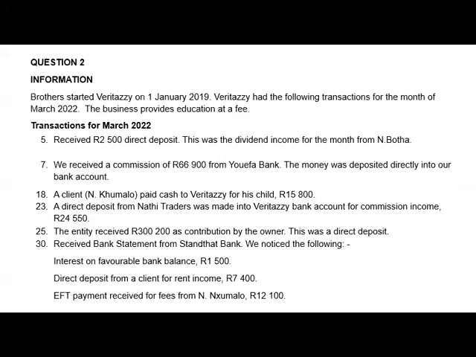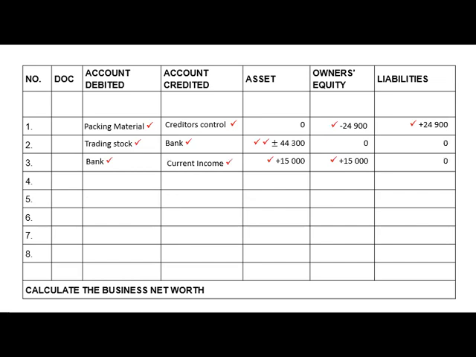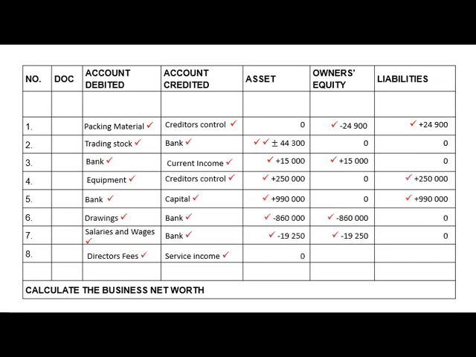We bought them on credit. So we credit creditors control. Okay, let me just show you the entire solution. Alrighty, guys, take the mark that you got as you marked and divide it by 32, times it by 100.